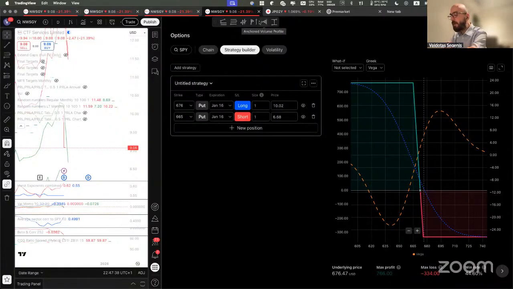So what happens here? I think it's very clear that now we have this position, and our risk is limited. Our reward is also limited, but we have a positive risk reward profile, and of course we only needed to employ a very small amount of capital in order to do that.